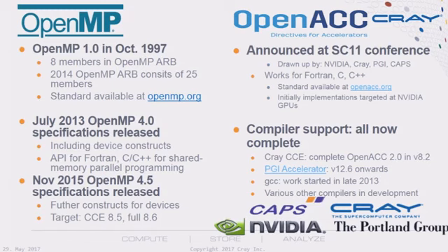So OpenMP with the first host parallelization was released in 1997, and then there was also the device construct implemented in the OpenMP 4 version in 2013, which then got within the Cray C compiler 2016 in full support.